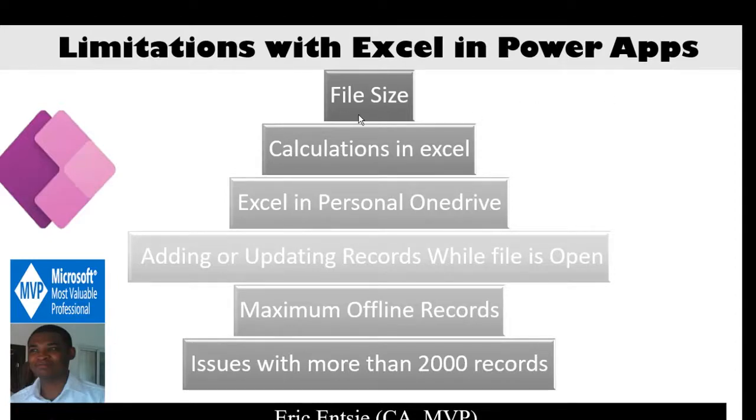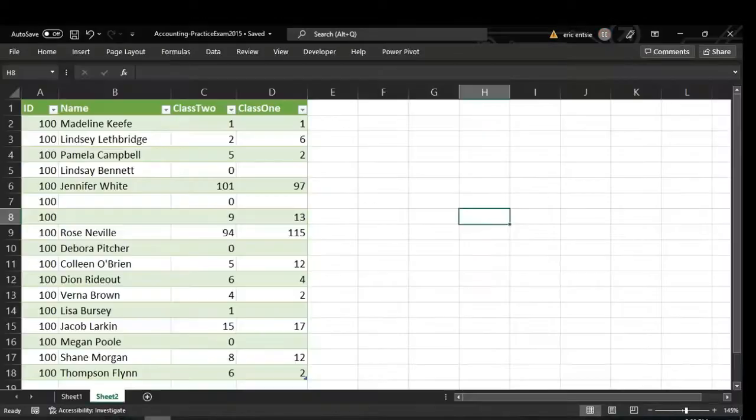Now, also in connecting your Excel to Power Apps, the Excel shouldn't have calculations in it. You know, as we use Excel a lot, we do a lot of calculations.